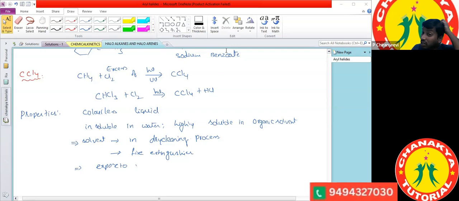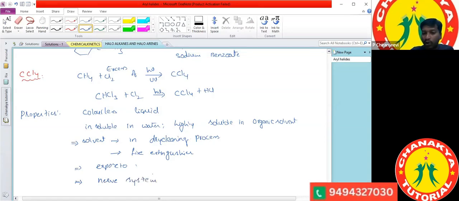If the concentration of carbon tetrachloride in the atmospheric air increases, it works on the nervous system.